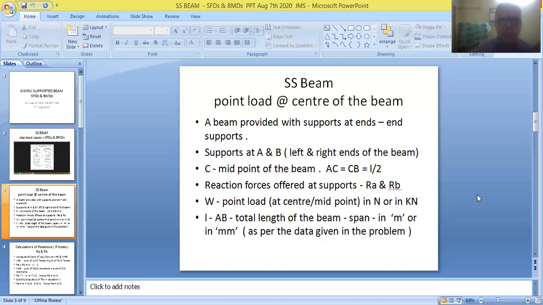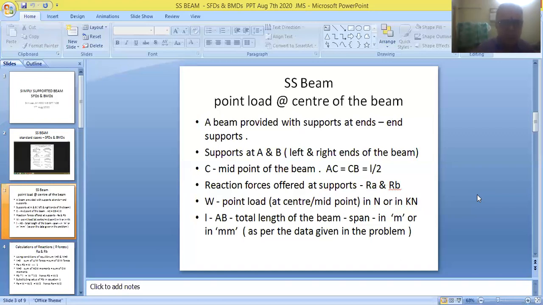AB will be equivalent to small l. Therefore, AC will be equivalent to L by 2 and CB will also be equivalent to L by 2. We have talked about the reaction forces offered at the end supports, RA and RB. Here we have the point load acting at the midpoint of the beam, denoted by capital W, expressed in newtons or kilonewtons.